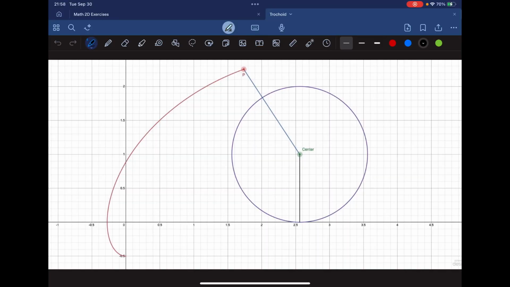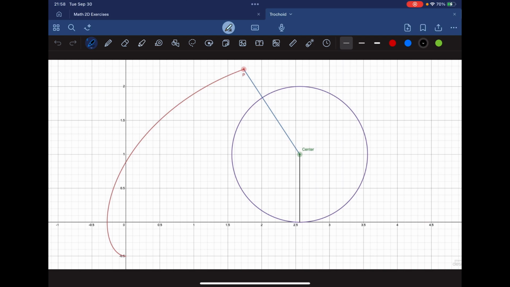Okay, welcome back. So once again, our goal is going to be to derive the coordinates for this point P right here in terms of the parameter theta that they used in the cycloid, as said in the problem statement.